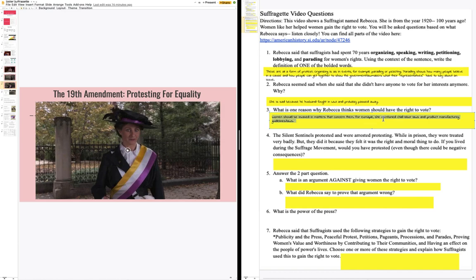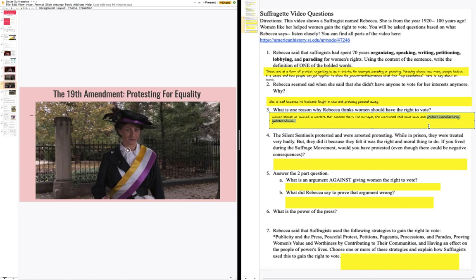One of the things that she mentioned was child labor laws. A lot of women didn't want their children to be working in factories anymore. They wanted education to be widespread and available to even poor kids. Back then, not everybody got an education. Again, with product manufacturing guidelines, matters that involved them. They were worried about bringing things into their home.